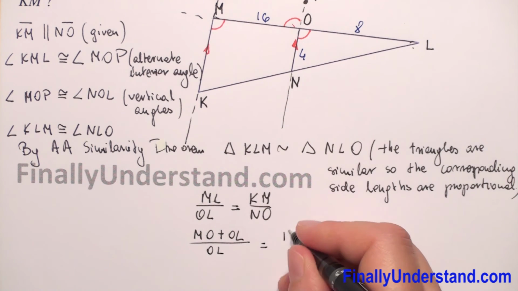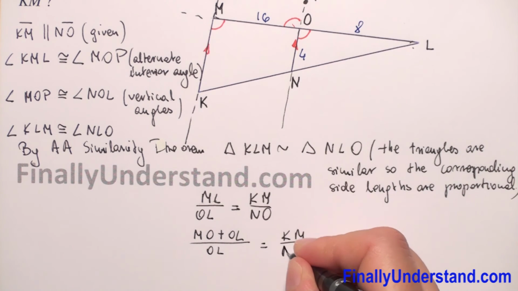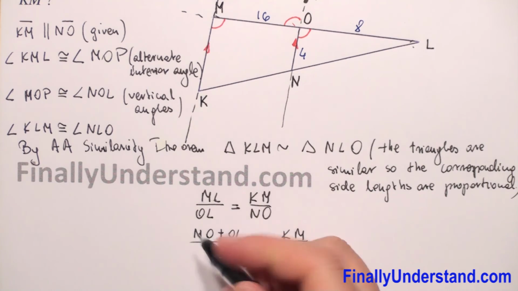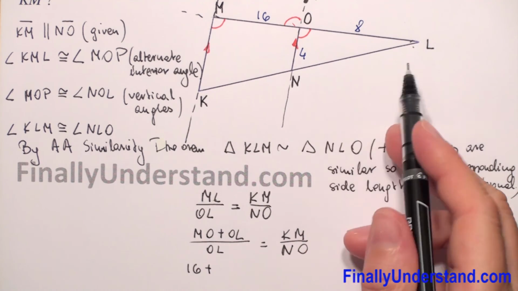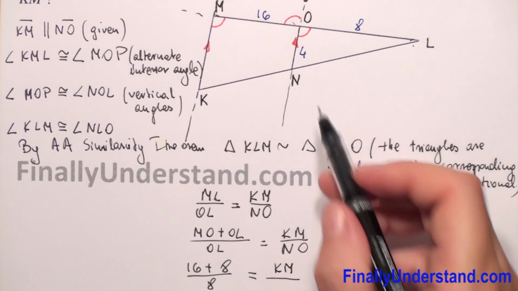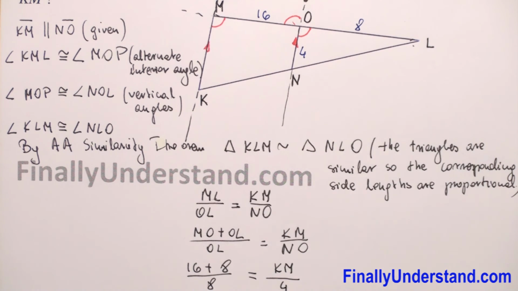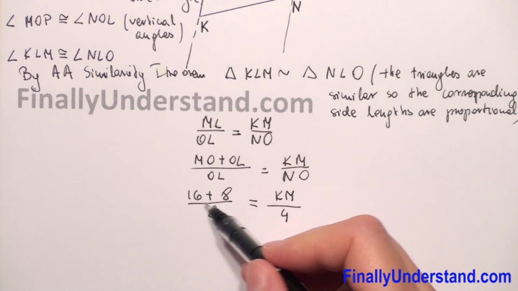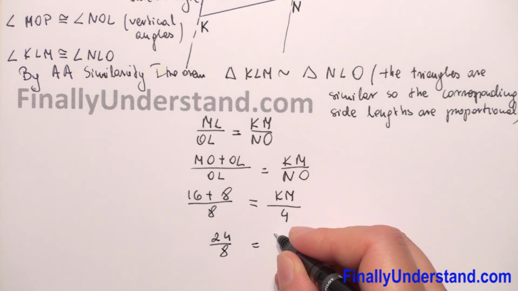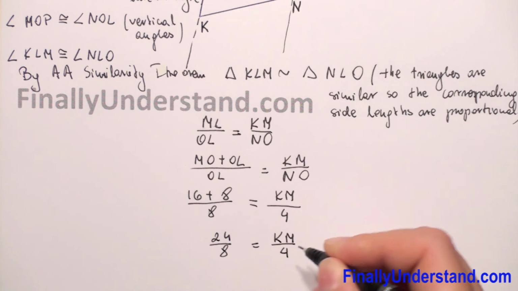This is equal to KM to NO. Now we can substitute MO by 16 plus OL is 8, over OL is 8. This is equal to KM, our unknown, over NO, which is 4. So we have 16 plus 8 is 24 over 8. This is KM to 4.